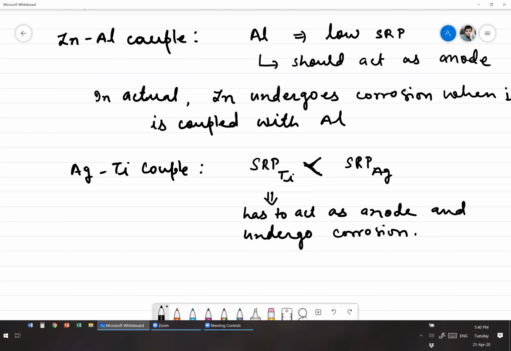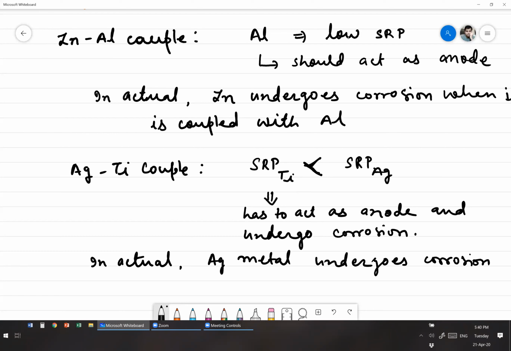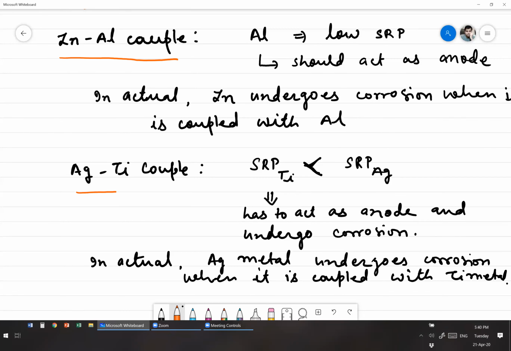But in actual, silver metal undergoes corrosion when it is coupled with titanium metal. Okay. So now the question is why these metals are exhibiting this kind of behavior differently from other metals.